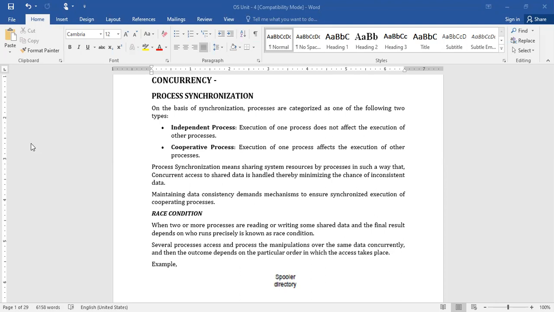In that case, is it possible that more than one student will try to access the same book at the same time?